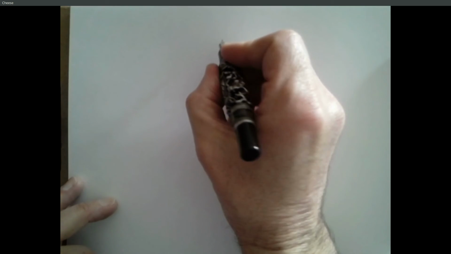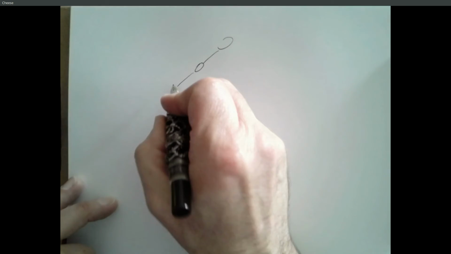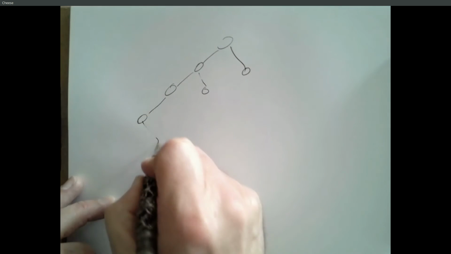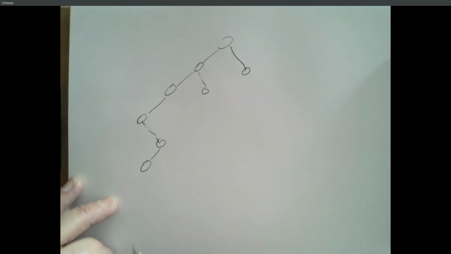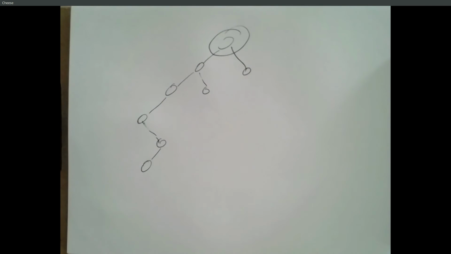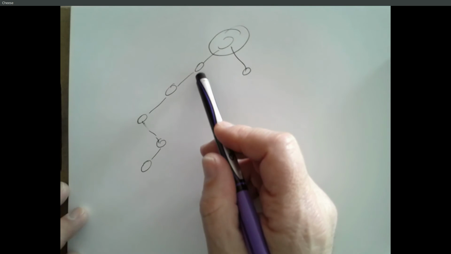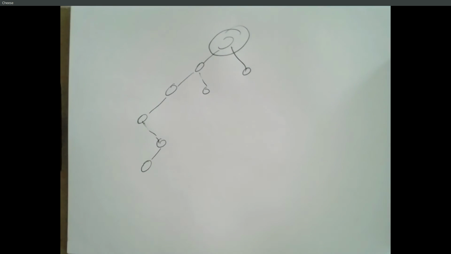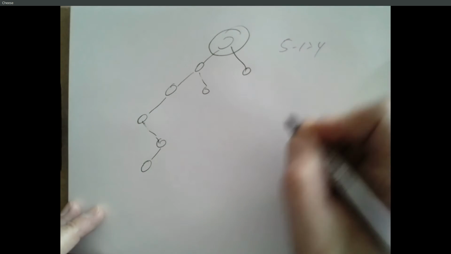So, a specific example. Balance factor of this node? The easiest way to do this is just count. How many things do I have in the left tree? 1, 2, 3, 4, 5. How many do I have in the right? 1. 5 minus 1 equals 4.